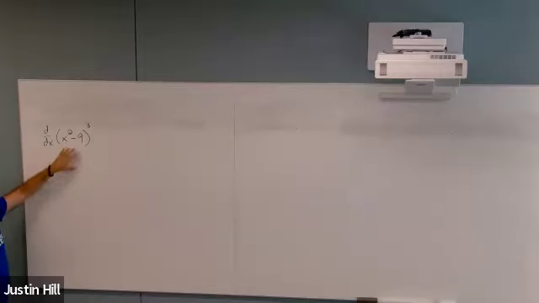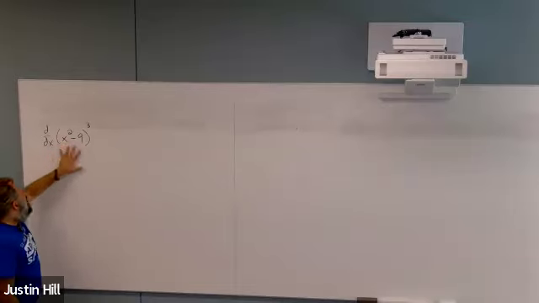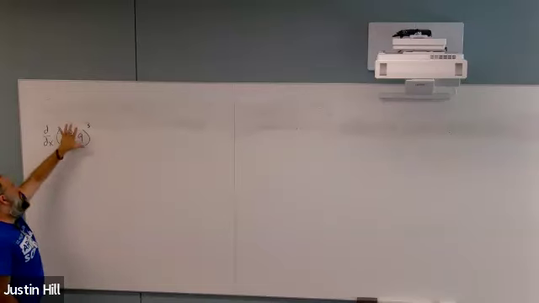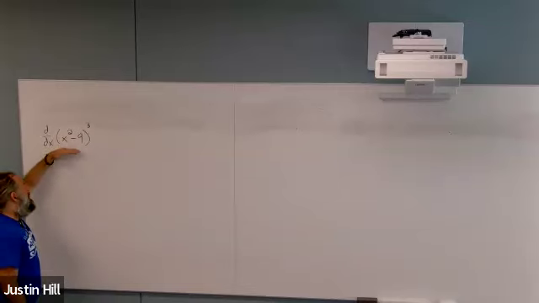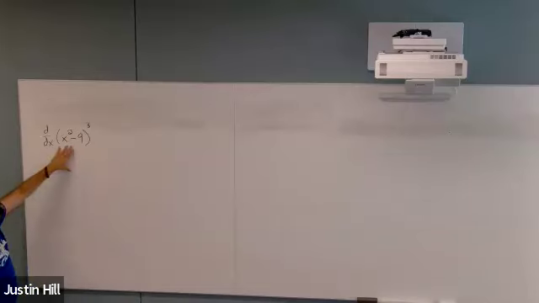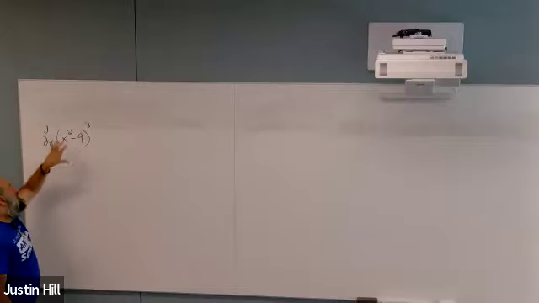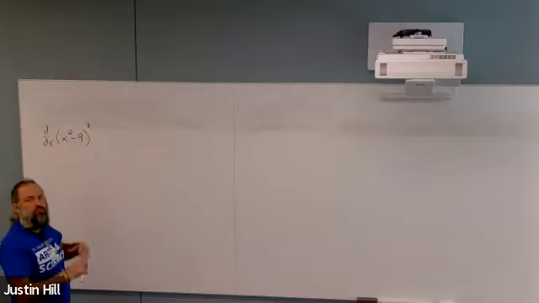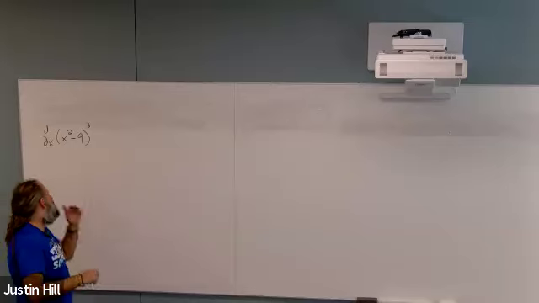But notice that this whole thing is cubed, so it's almost like I'm plugging x squared minus 9 into this outer structure that is basically thing cubed, or x cubed, or u cubed, however you want to say that. So I have one function, x squared minus 9, plugged into this outer function that is basically x cubed.